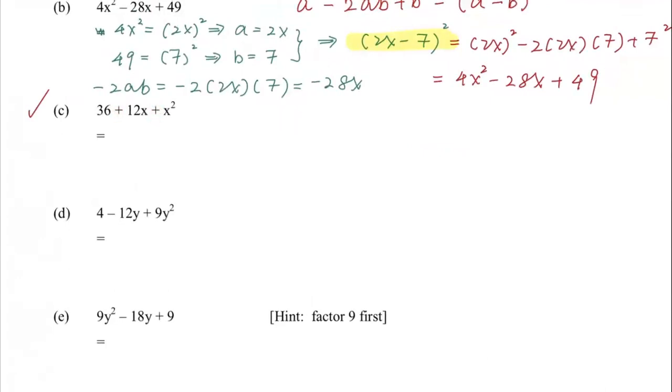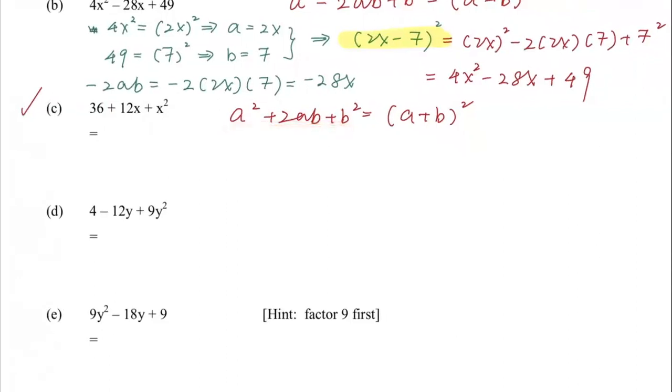So we know that the formula that we should use is a squared plus 2ab plus b squared is equal to (a plus b) squared, right? So if we can determine that this expression is of this form, then we can write it of the form (a plus b) squared.